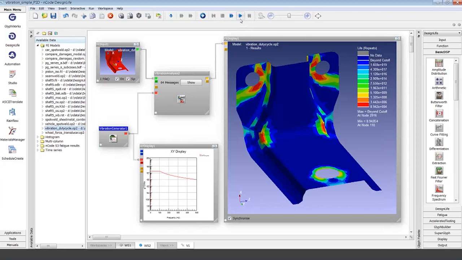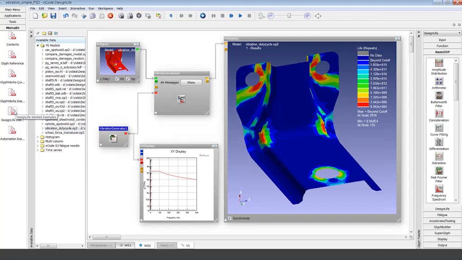Incidentally, while we're in here inside nCode, if you want to know more about how to build this process, I suggest you take a look in the lower left corner here at your manuals. There's a Design Life Worked Example PDF. A number of you I know have used this. This is a great way to learn about how to use nCode.